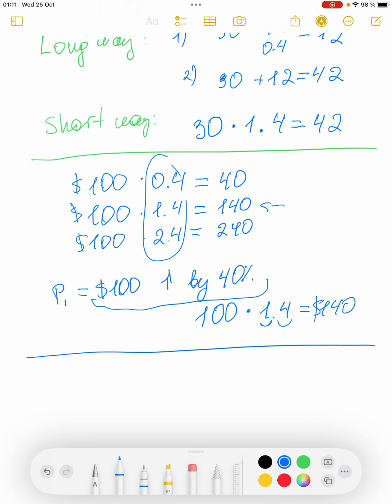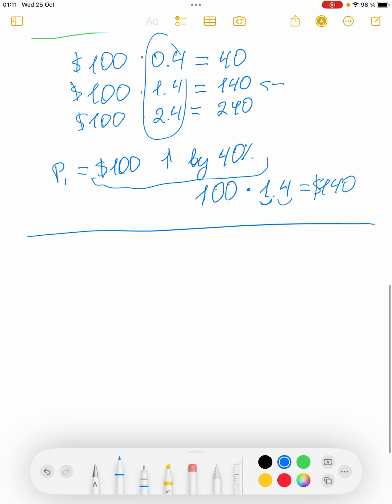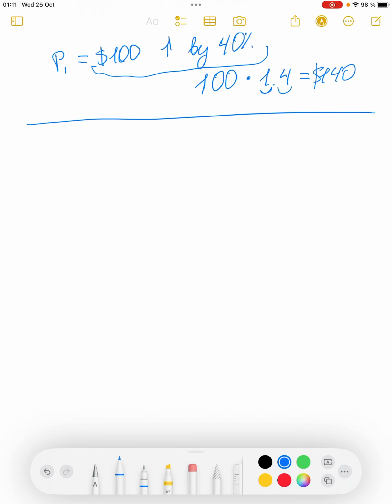Now, the next thing that I wanted to show you is how to decrease something. So you have your old quantity demanded, quantity 1, is 30. Let's go back to our original example of 30. And let's say that the price has increased, and hence the quantity demanded decreases by 30%.